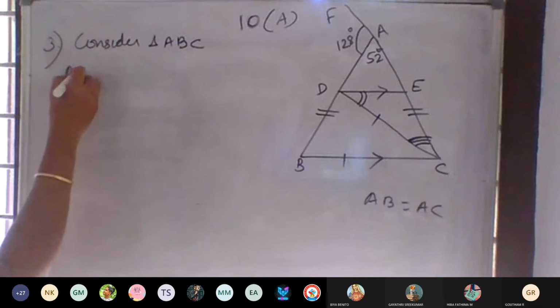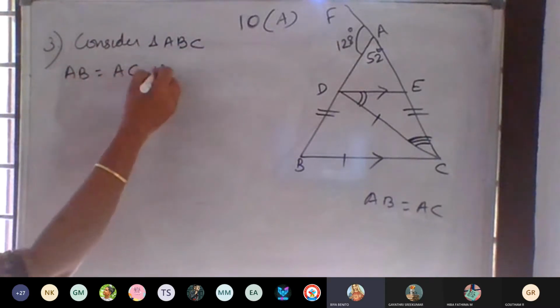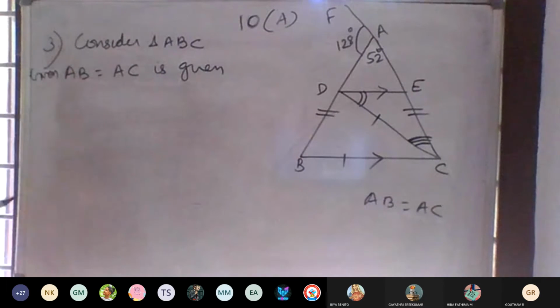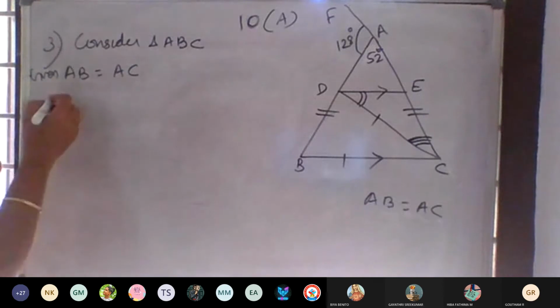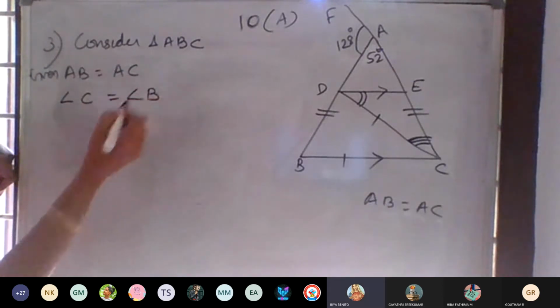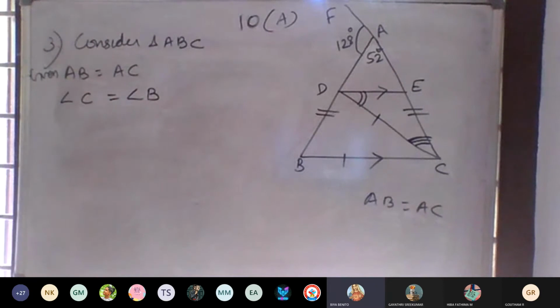What is given? AB is equal to AC is given. Since AB is equal to AC, what can we write? Angle opposite to that particular side. Angle C is equal to angle B.